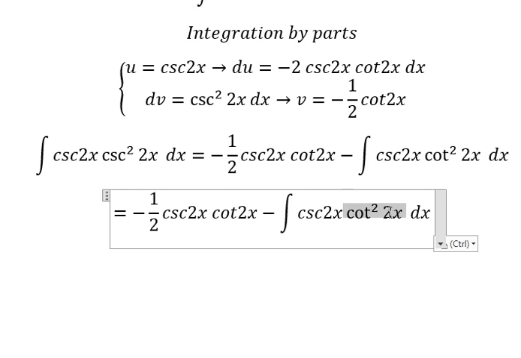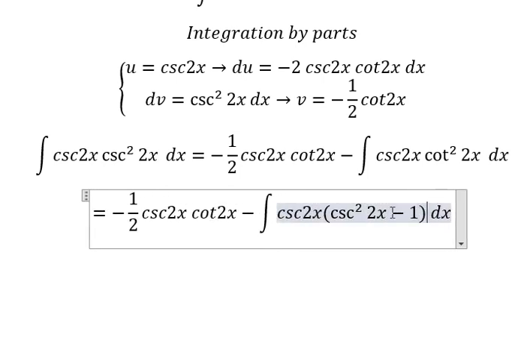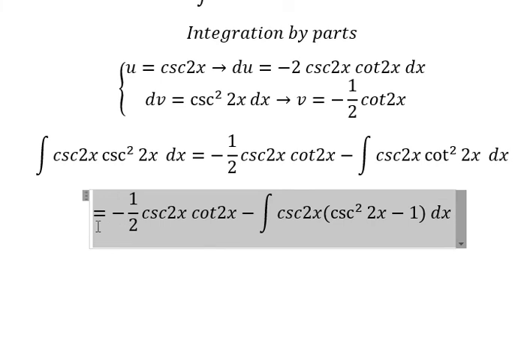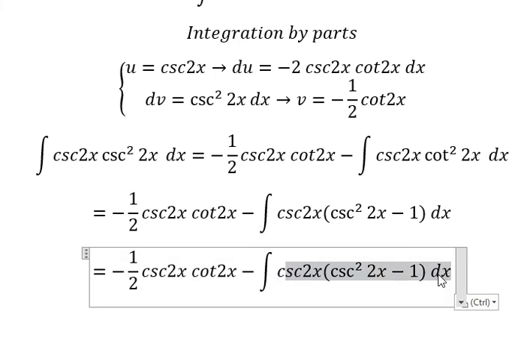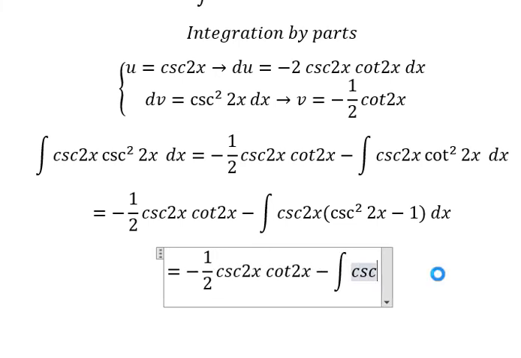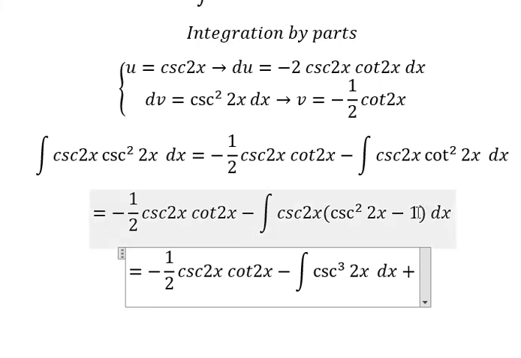For this one, we have cosecant of 2x squared minus 1. So we have cosecant of 2x multiplied by cosecant of 2x squared, and cosecant of 2x multiplied by negative 1. Negative with negative, you get positive.